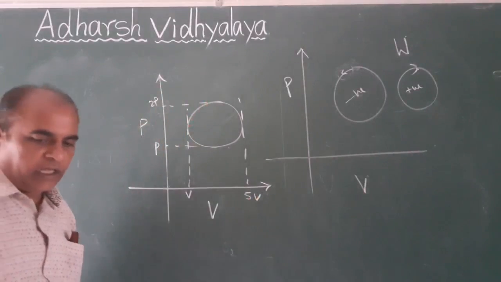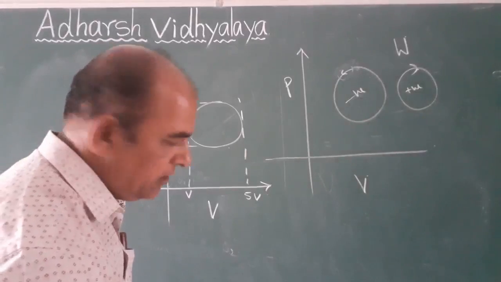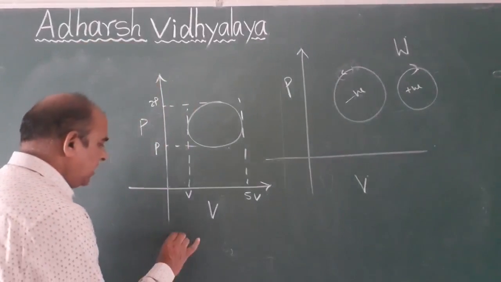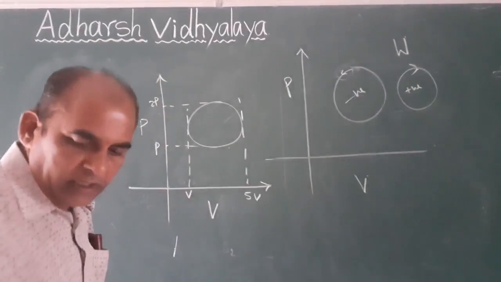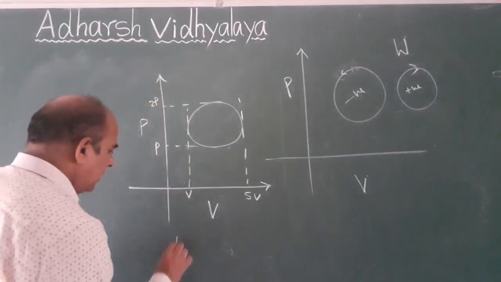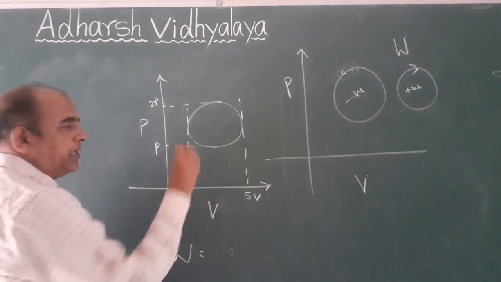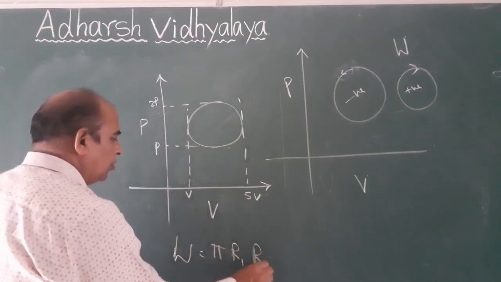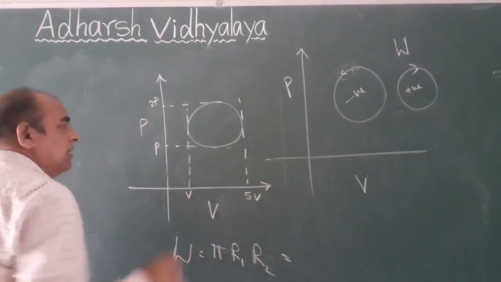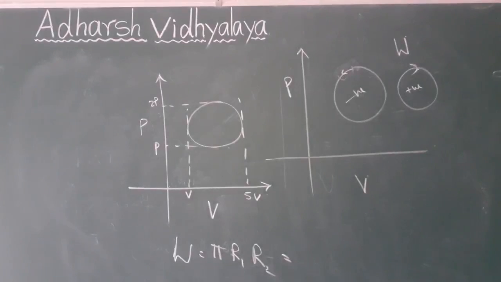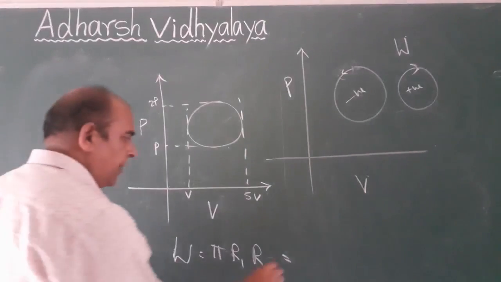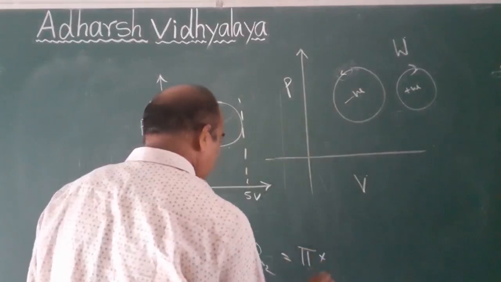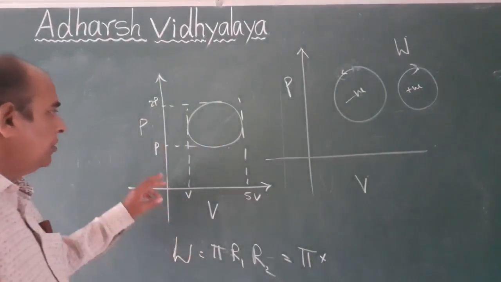We know the formula for the area of a circle is pi r square, but here the work done is equal to this area, so take the formula pi r1 r2, because the radii are of different sizes.